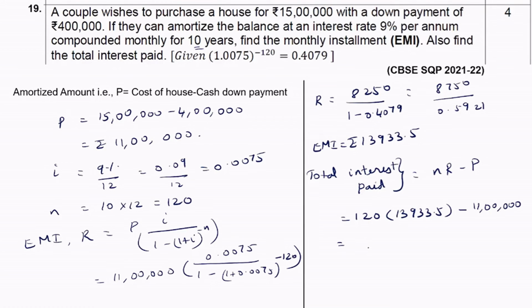So when we simplify, we get rupees 5,72,020. So this much is the total interest paid.